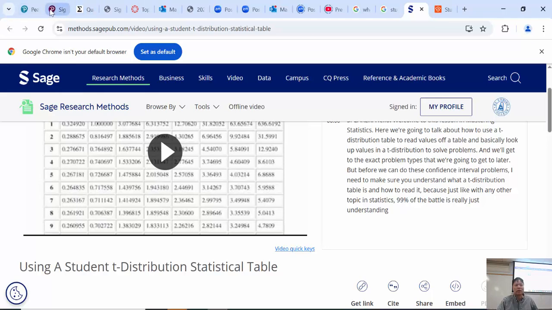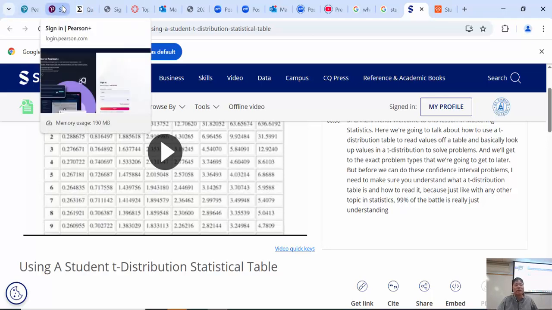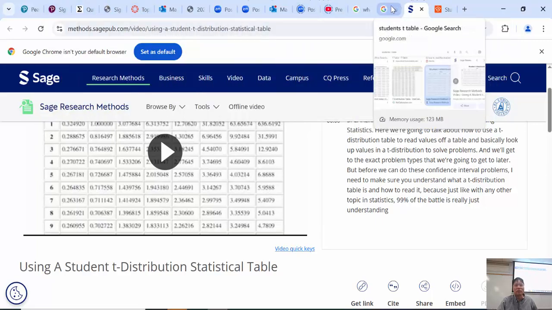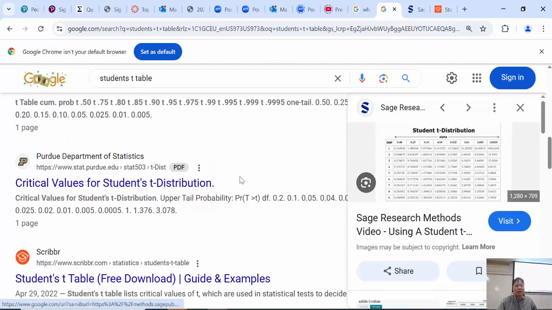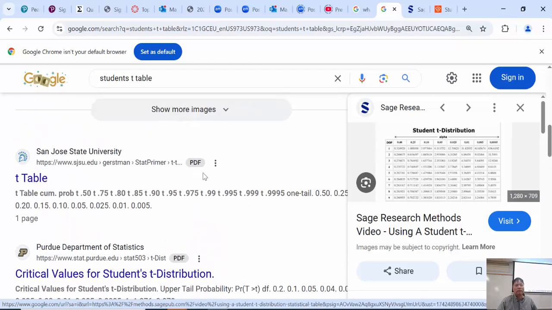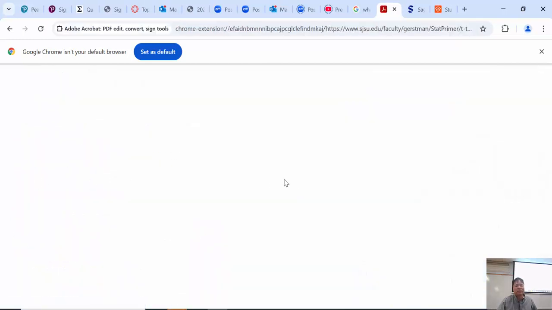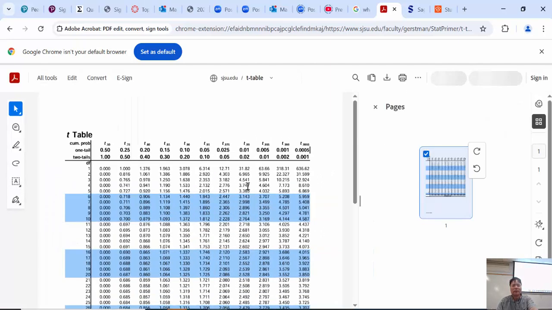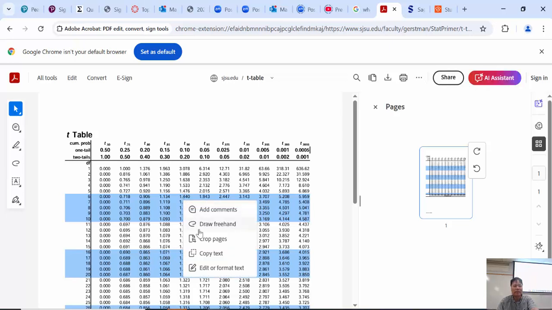If you look at the table, obviously infinity is best. Some of these tables will show you going out to infinity, but San Jose State, they must have a decent table here. Yes, they do.